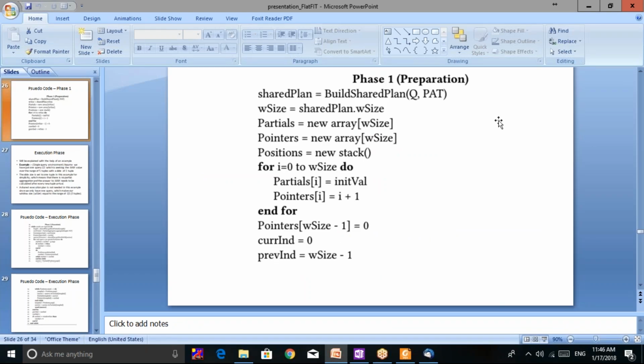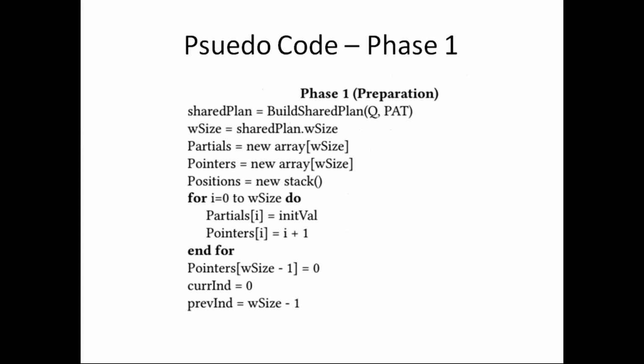Now I'm going to put some values over here. W size is 5. Partial is a new array of size 5. Pointer is again a new array of size 5. Positions is a new empty stack.